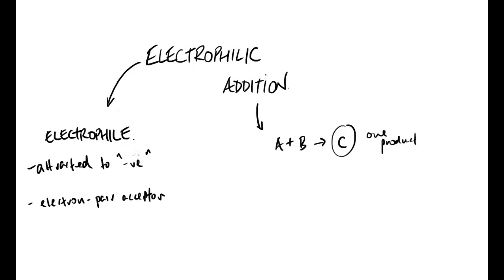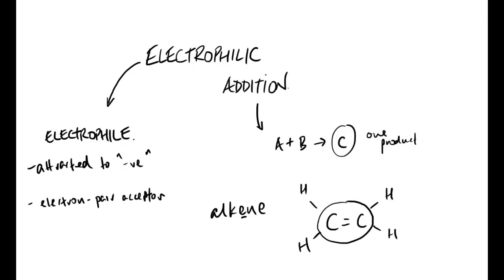Now in the case of electrophilic addition, the organic reactant is always an alkene. Note alkene, not alkane. So we're looking for something, for example, ethene, a molecule which contains that classic double bond. And it's this double bond that links through to this attracted to negative.